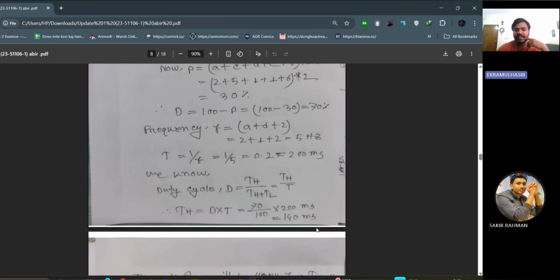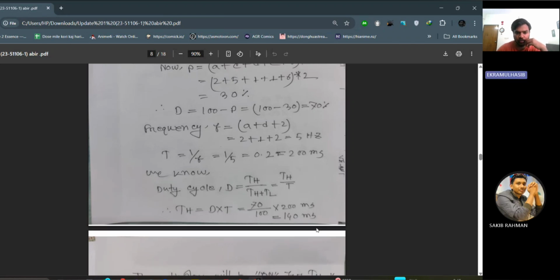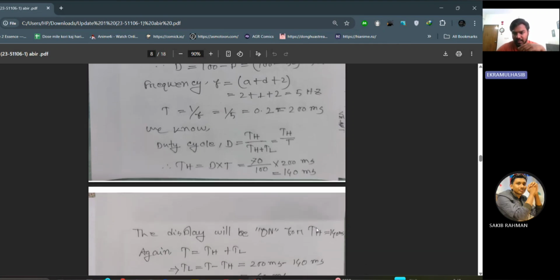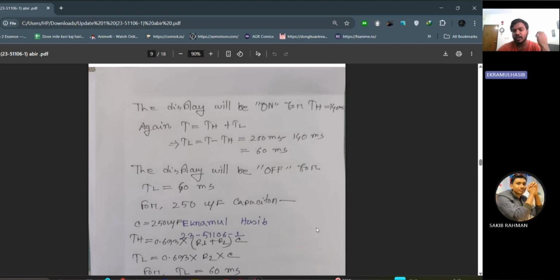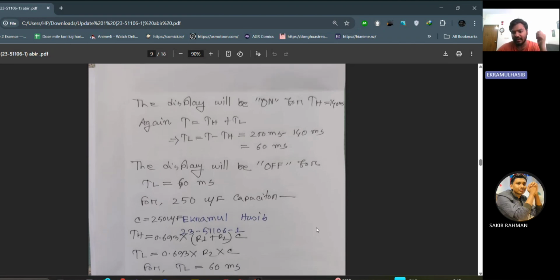We know the duty cycle is TH divided by TS plus TL, and TS equals 140 ms. The display will be for TS, 140 ms. Again, T equals TS plus TL. That means TL equals 60 ms. The display will be for TL, 60 milliseconds.